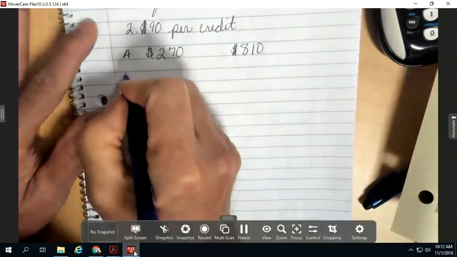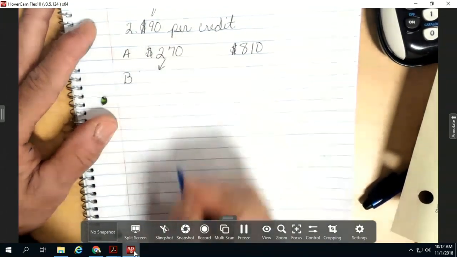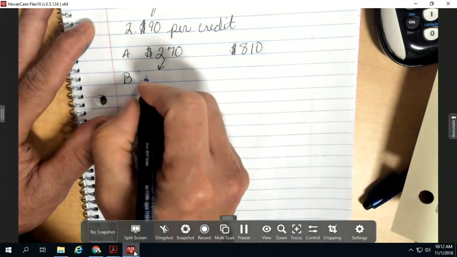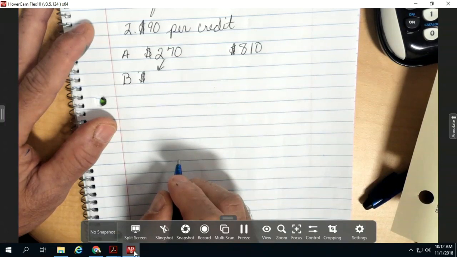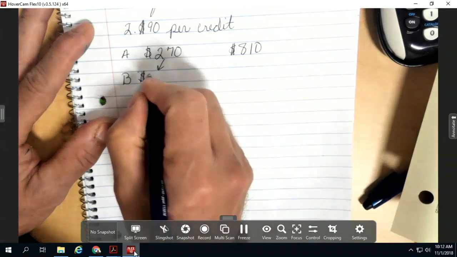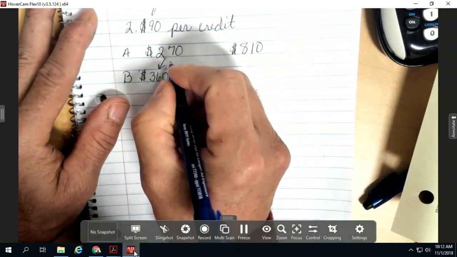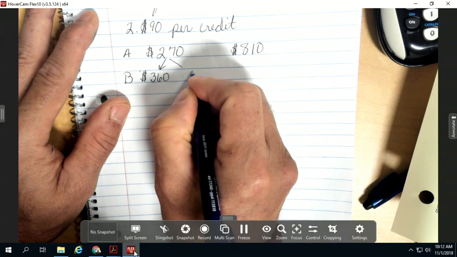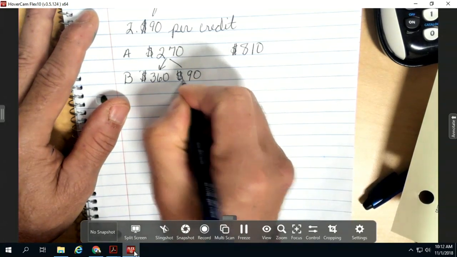Part B says Albert signed up for 3, so he was paying $270. Now he decides to add an additional, so how much is he paying now? $360. So how much does the additional extra credit cost him? $90.